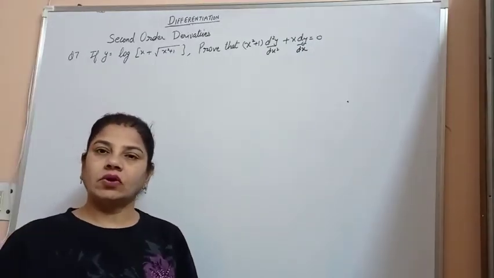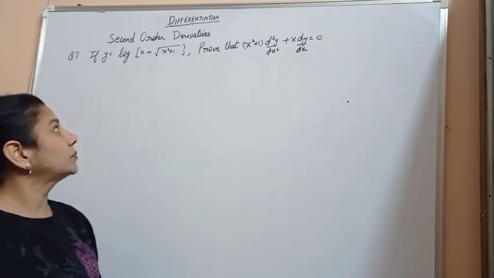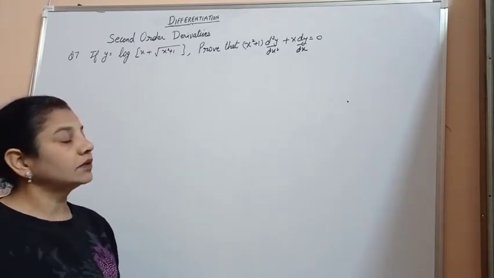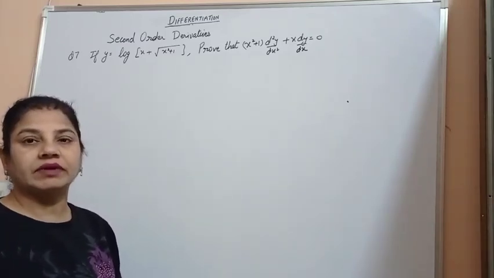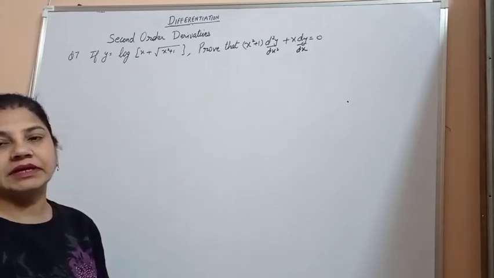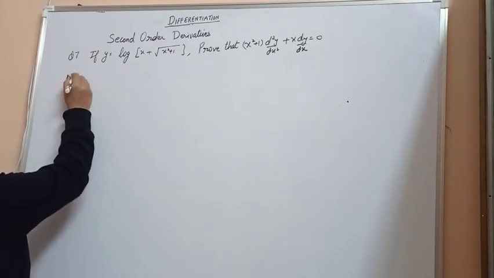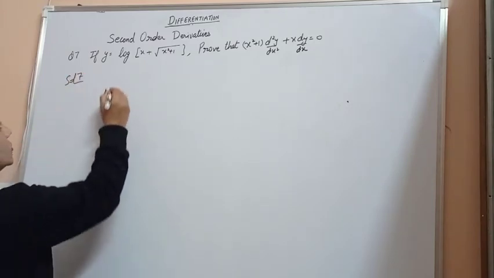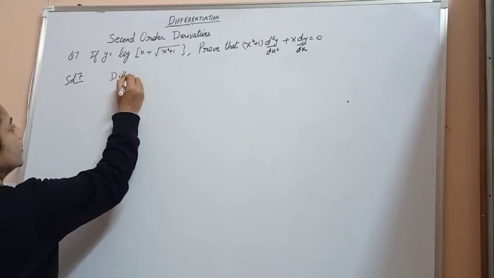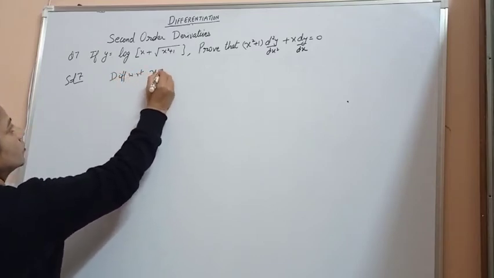Function y is equal to log x plus under root x square plus 1. Prove that x square plus 1 d square y by dx square plus x dy by dx is equal to 0. First of all, we find the derivative of the given function. So differentiate with respect to x both side.